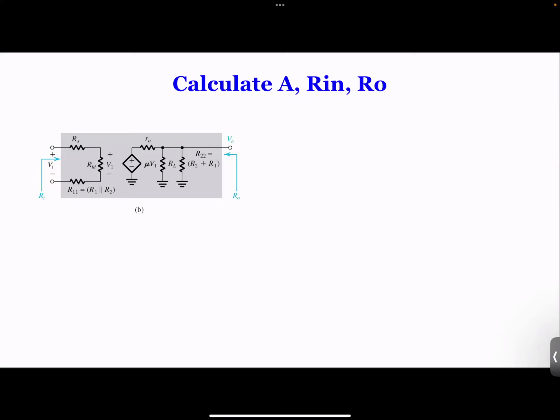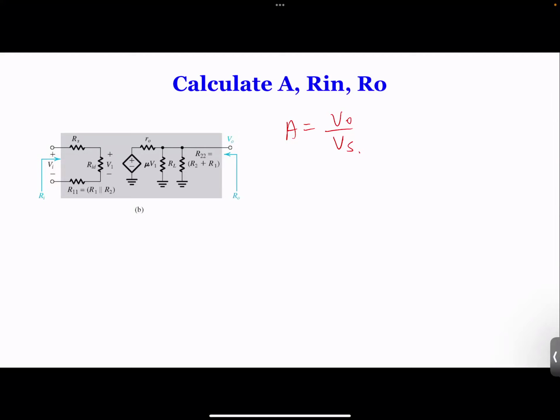So from here, how do you calculate A? Basically, A is defined as VO over Vs. In this case, if you look, we can do it very easily in 2 steps, because we can find out V1 over Vi, because this is mu times V1, right? So first step, we find V1 as a function of Vi.